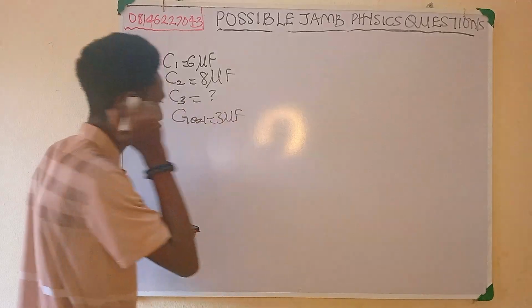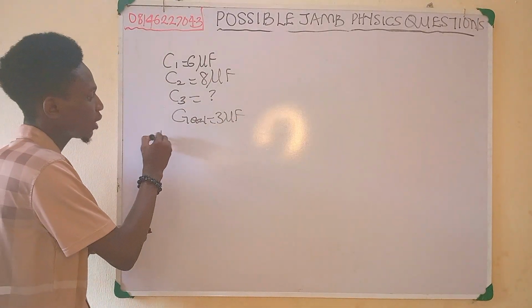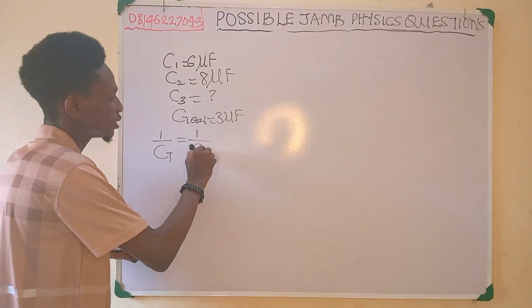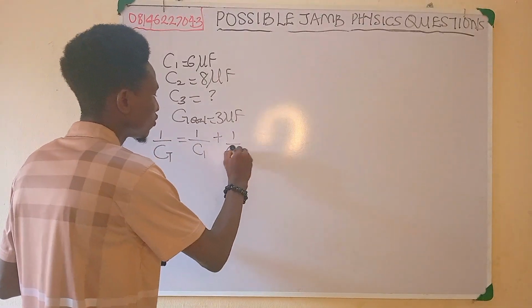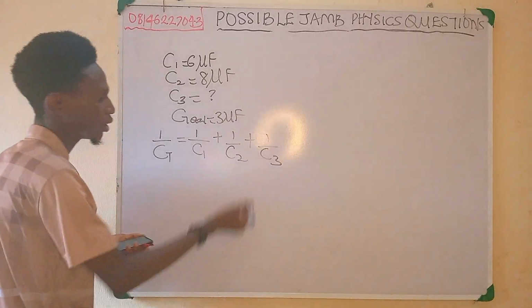Now what do you do in such a scenario? Remember that in series, the capacitance is like this: 1 over C total equals 1 over C1 plus 1 over C2 plus 1 over C3. So C3 is what we're looking for, what we connect to them.